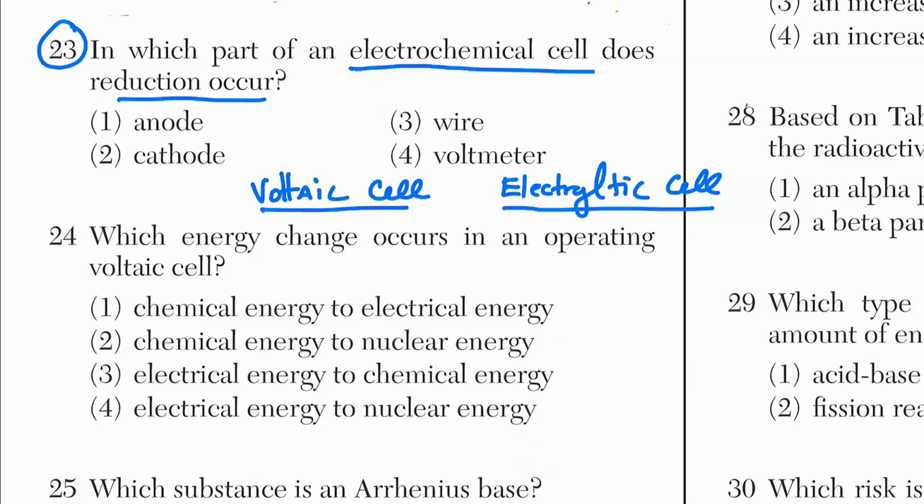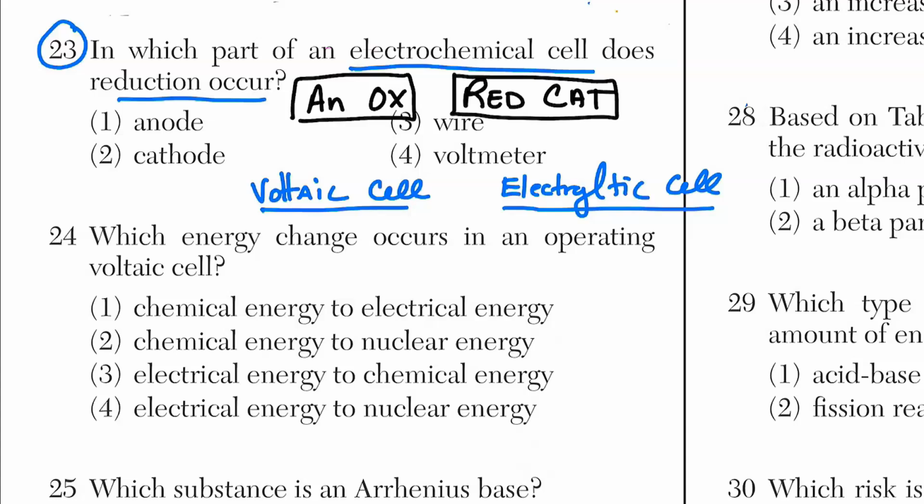And there's a nice mnemonic that you should know. Okay, there's the AN OX, RED CAT. Of course, the best way to remember is that the anode is the place of oxidation. So there's the electrode, which is the conductor, the place where oxidation occurs, and then reduction occurs at the cathode, the other conductor at the other part of the cell.